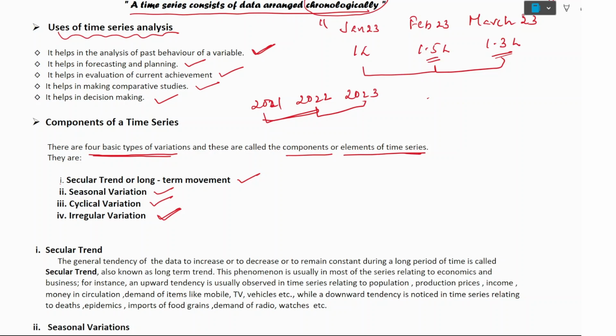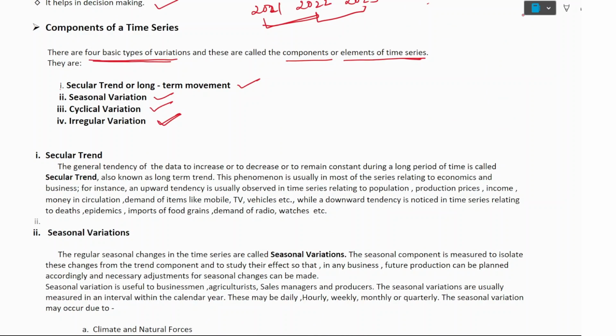First one, secular trend. What do you mean by secular trend? Secular trend means there is a general tendency of data to increase or to decrease or remain constant. Now, the last example which I took, 1 lakh, then 1.5 lakh and 1.3 lakh.